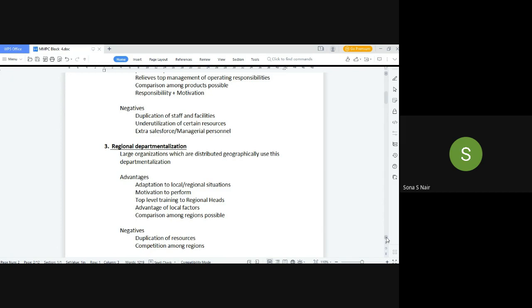Now, in geographical or regional departmentalization, regional heads or people who are looking after the regional offices would develop as top level managers. Reason being, they are supposed to look at all the various functions of management, all the different tasks associated, to properly handle the business at the regional level.